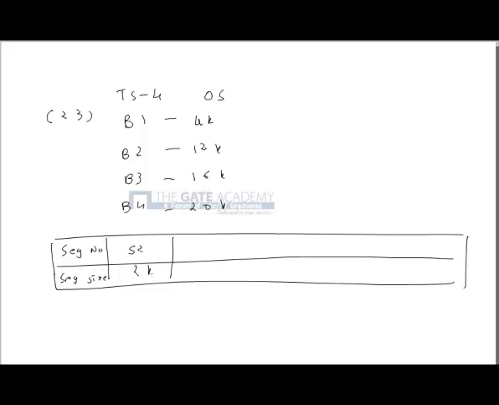S2 requires 2K, S3 requires 6K, S4 requires 8K, S5 requires 6K, S6 requires 6K, S7 requires 2K, S8 requires 10K. Now we need to see where will S6 be allocated.